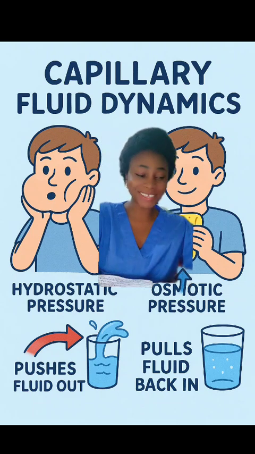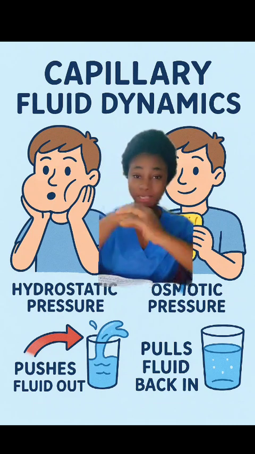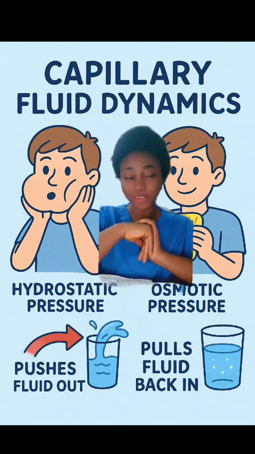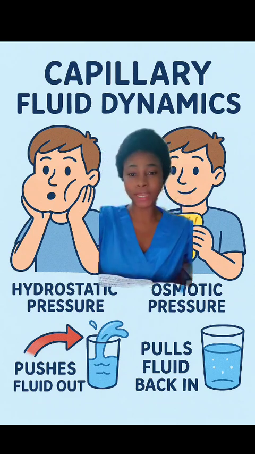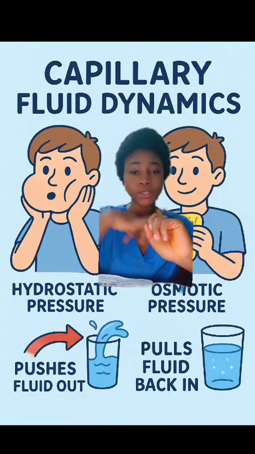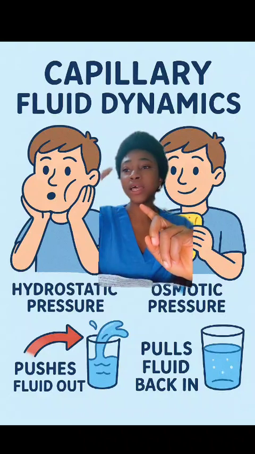So good news, guys, we are done with the blood vessel. If you haven't been following this series, go check the cardiovascular series, the blood vessel. We talked about the artery, the arterioles, the capillary and the sinusoid. We talked about a lot.